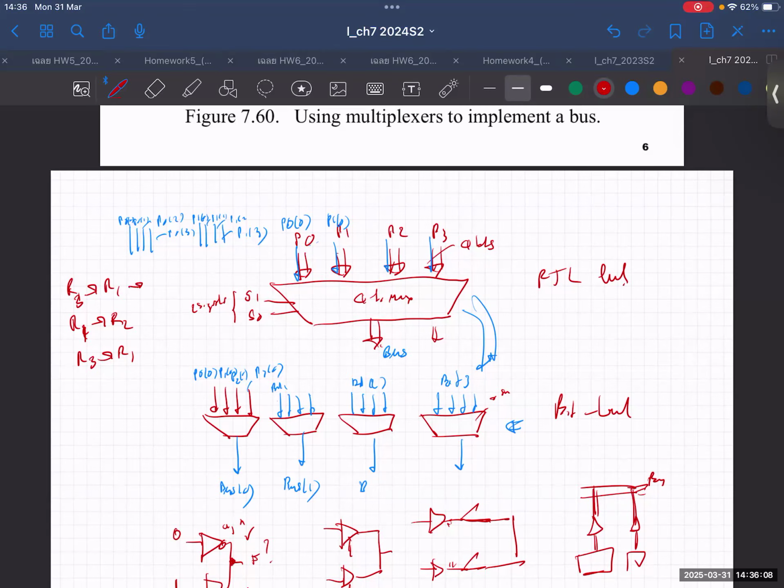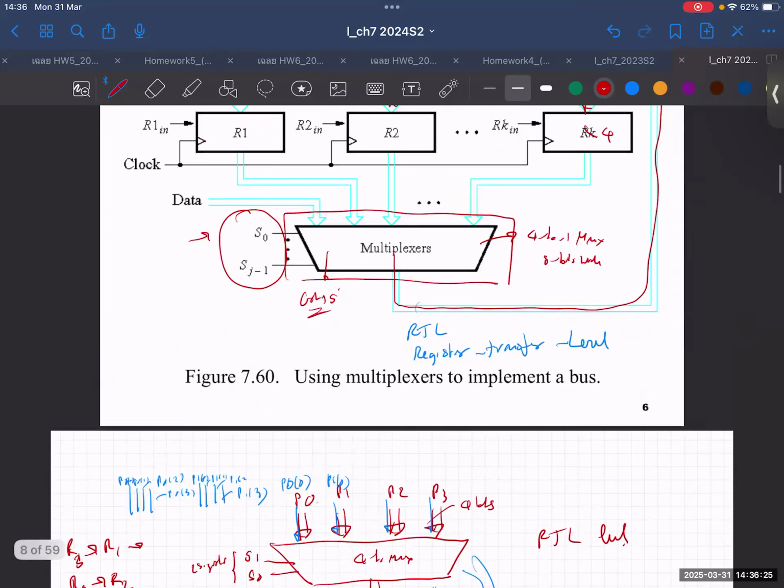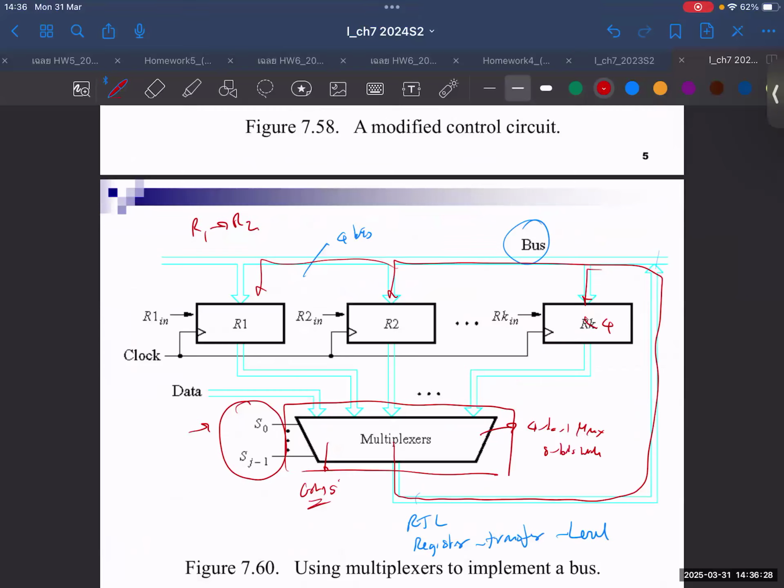Still the same, but the signal to control this is different, because what is the first one? How many signals do you need to control now? Think about it. What do you have to do?